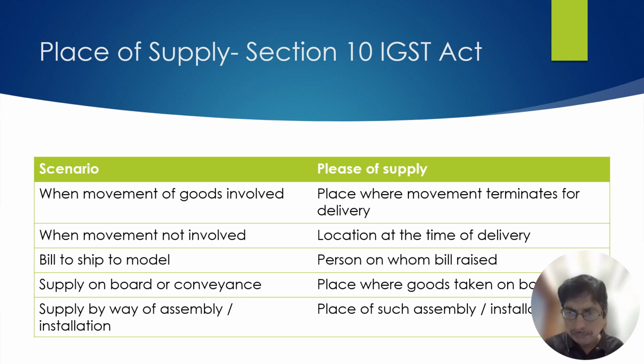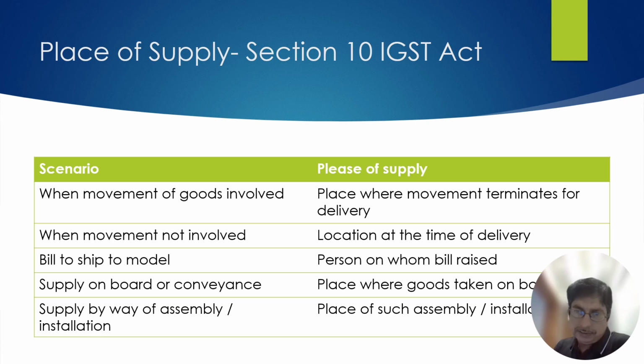At that time, one should not open the window and see whether the plane is above Hyderabad or above Bhopal, whether the place of supply is Telangana or Madhya Pradesh. No, see the level of difficulty.